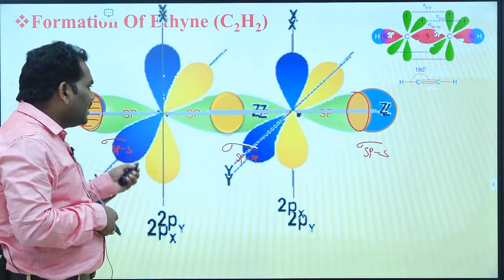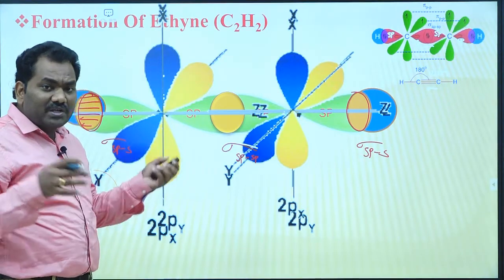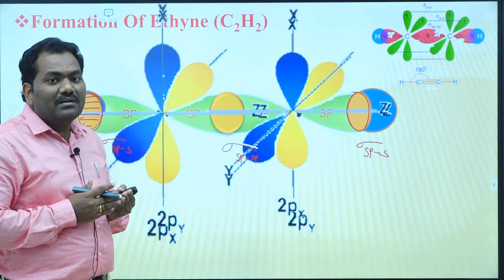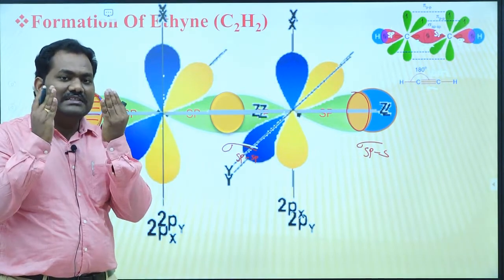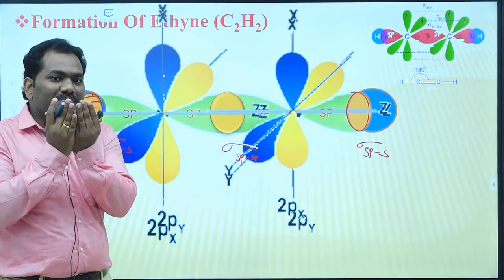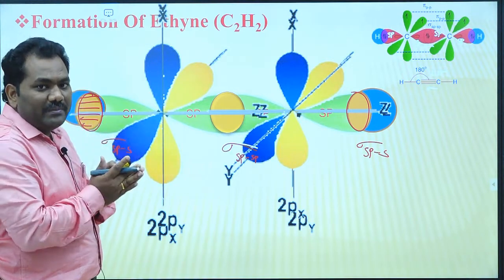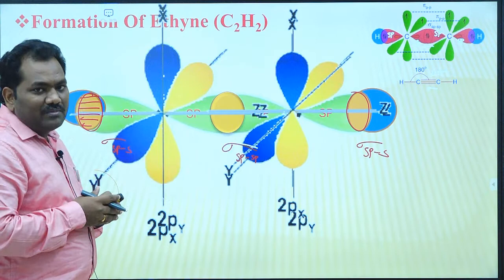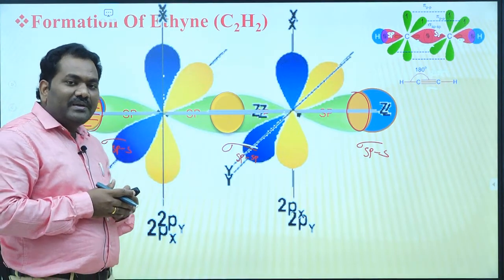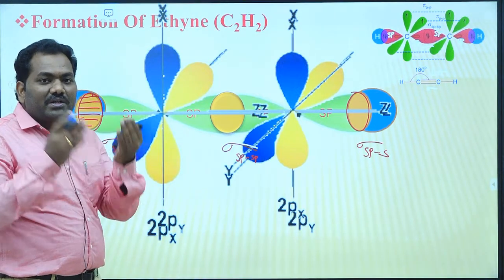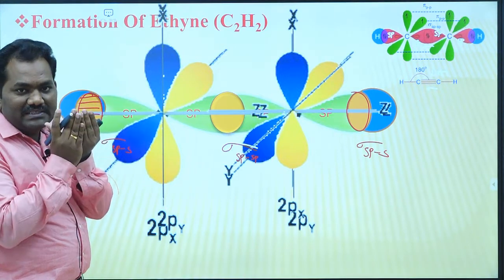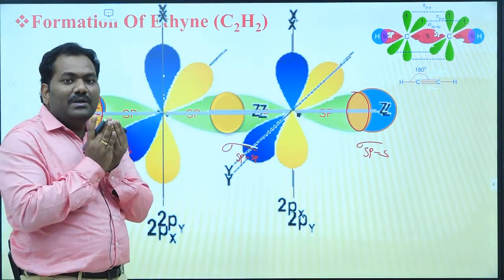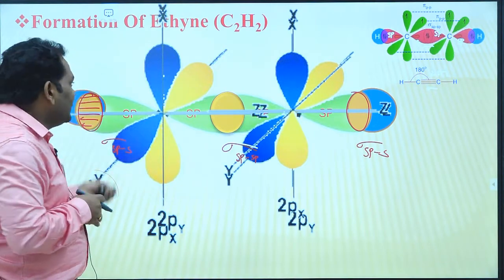Two unhybridized orbitals undergo side by side overlapping, or lateral overlapping. This side by side or lateral overlapping leads to the formation of the pi bond. So there are totally two unhybridized orbitals present on each carbon, and they undergo lateral overlapping, leading to the formation of two pi bonds, like this.